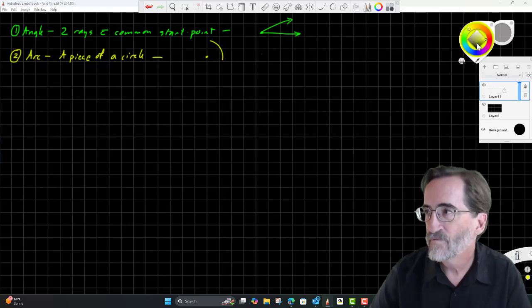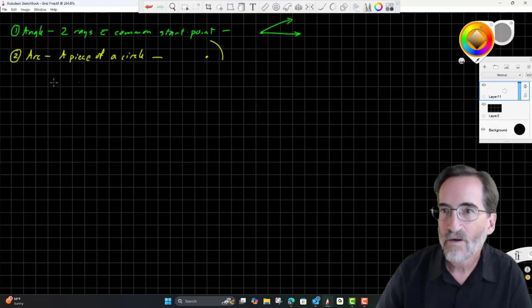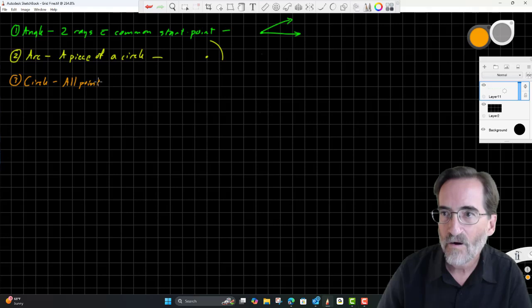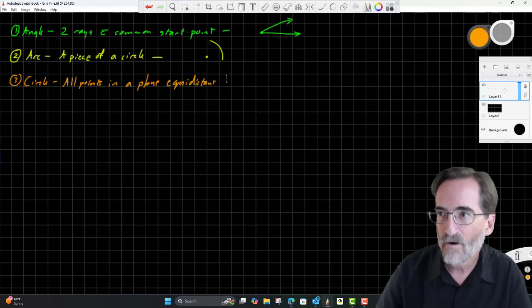Circle. Number 3. All points in a plane, as opposed to in space, equidistant from one point.